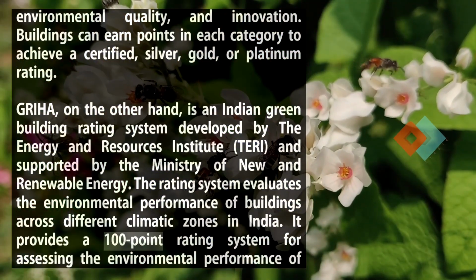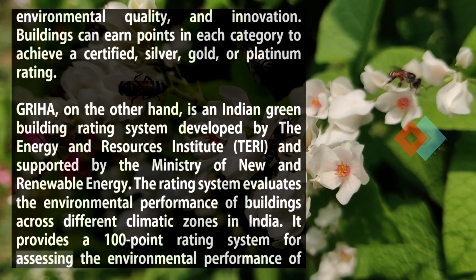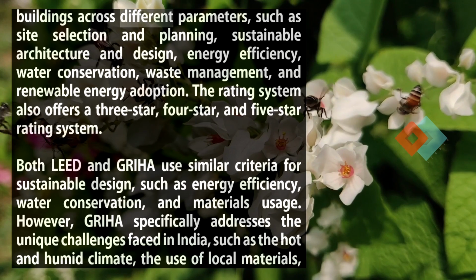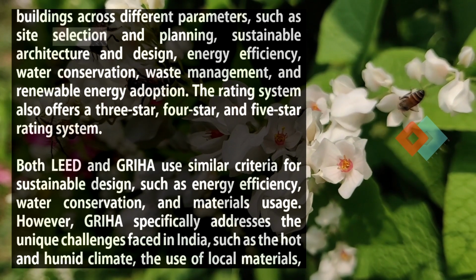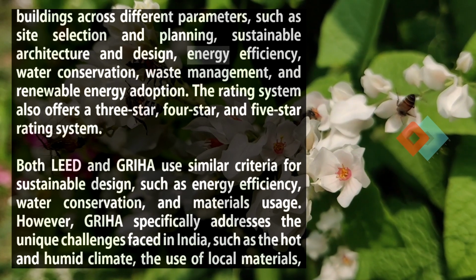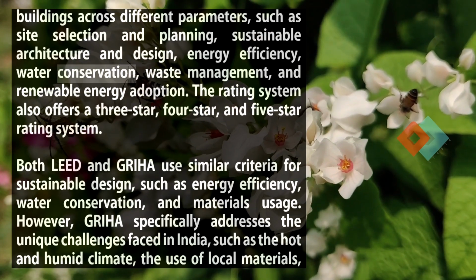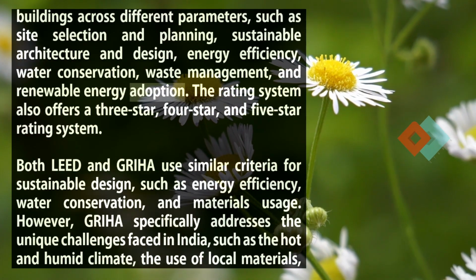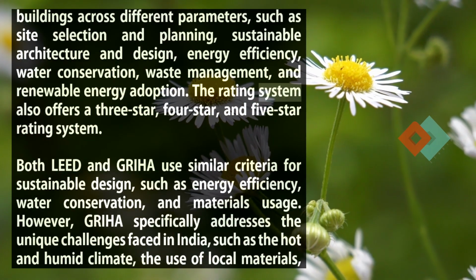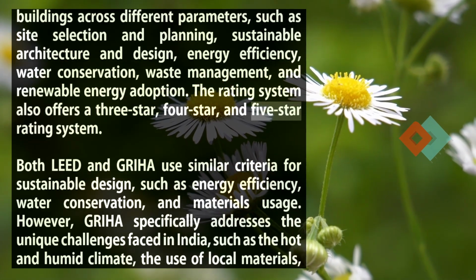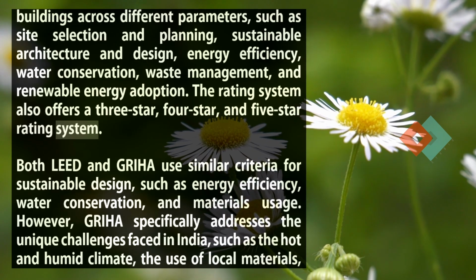It provides a 100-point rating system for assessing the environmental performance of buildings across different parameters, such as site selection and planning, sustainable architecture and design, energy efficiency, water conservation, waste management, and renewable energy adoption. The rating system also offers a 3-star, 4-star, and 5-star rating system.